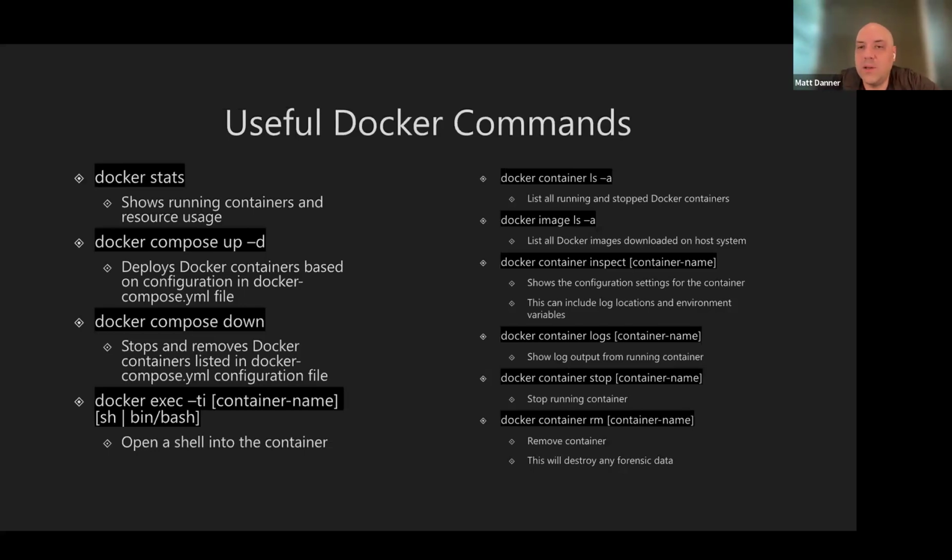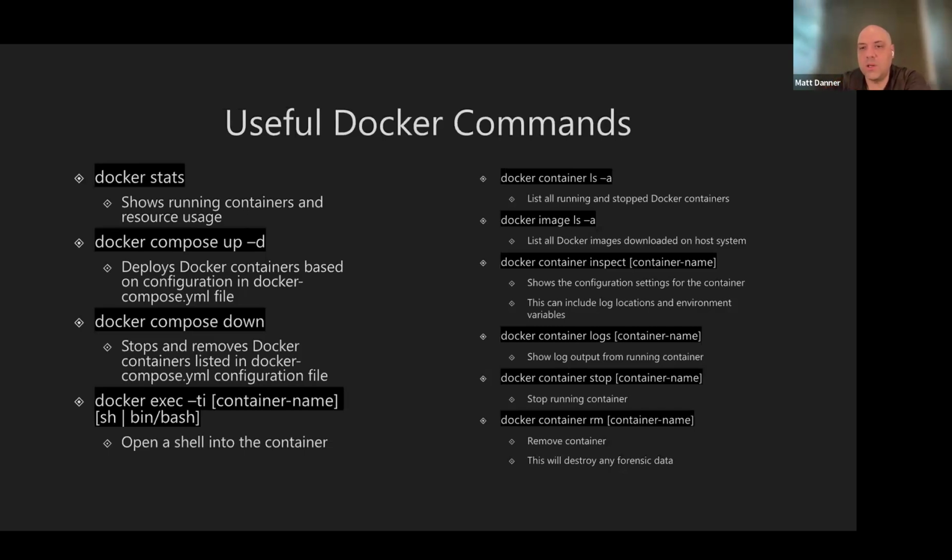If you want to see a list of your running containers, you do docker container ls. If you want to see a list of your images that you have installed on your system, docker image ls. Then docker container inspect. Forensics wise, docker container inspect is really, really useful.